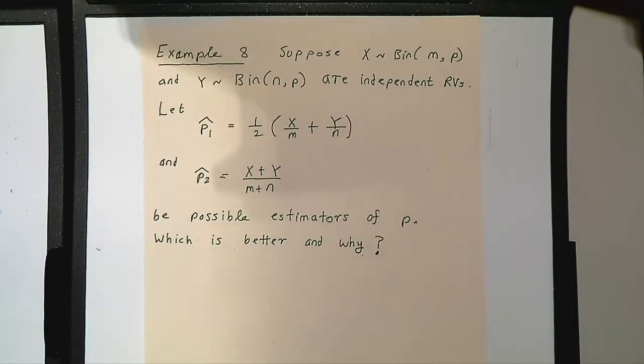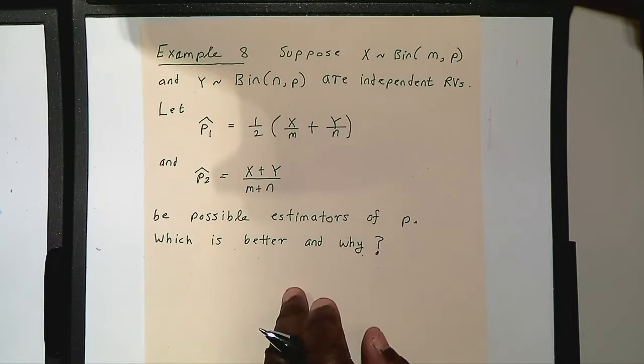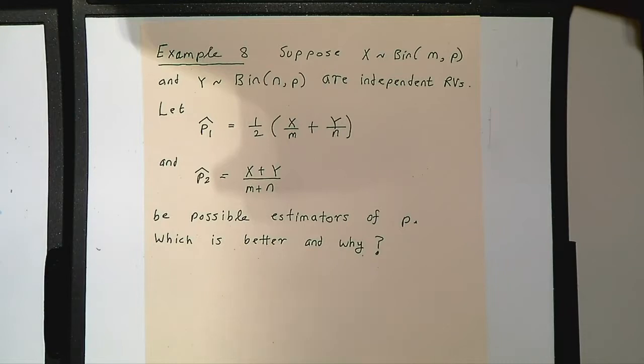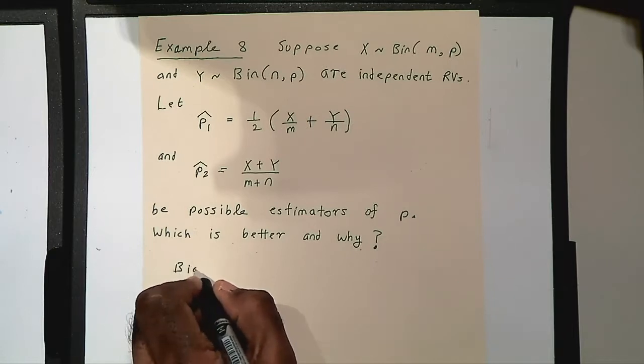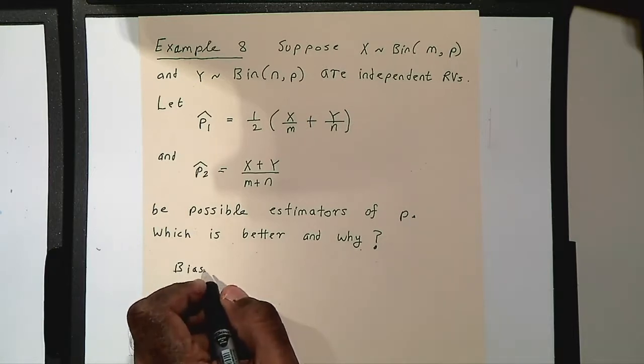Right? So I did a question similar to this last week. So what you need to do is to find the biases and find the MSEs for both estimators and compare them, right? Okay, so I will start by finding the biases of the two estimators, right?